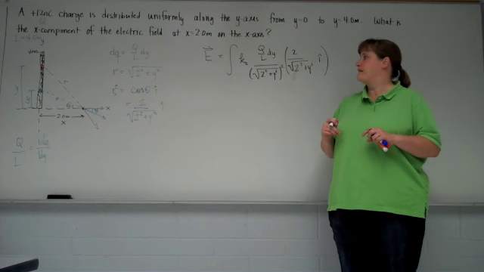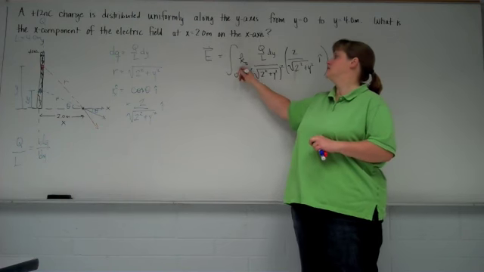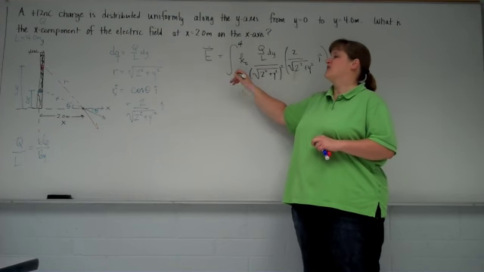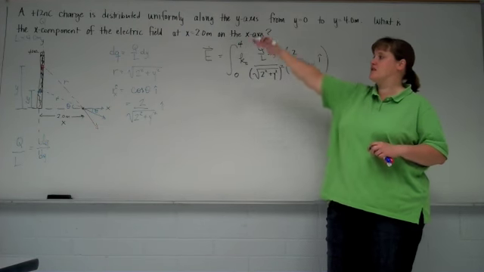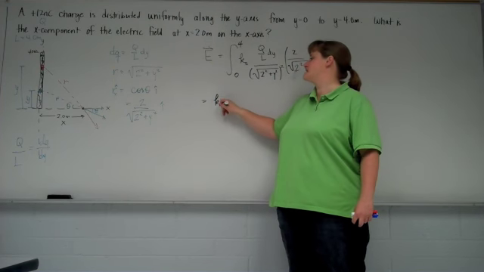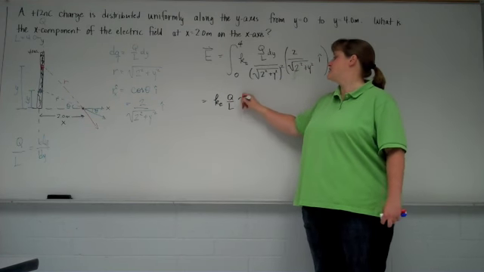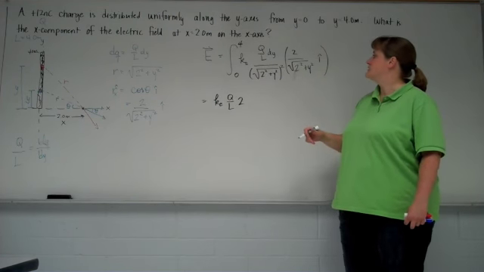So what are our limits? 0, 4. The lower end of the rod is at 0, upper end of the rod is at 4. So pulling out the constants, the k is a constant, q over L is a constant, the 2 is a constant.